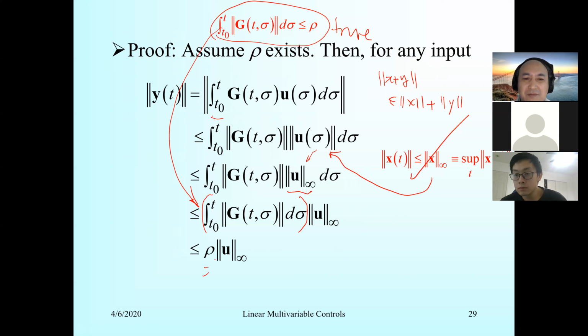This is one-sided, so we should say this is the if direction, which is true. Remember, this is true for all t, but I replace this one with a maximum, and of course it's true, because this is one of them.